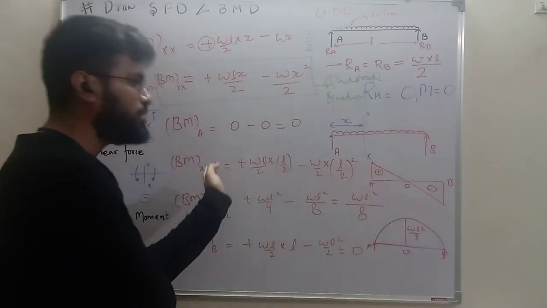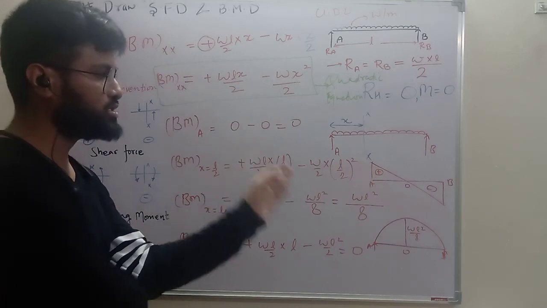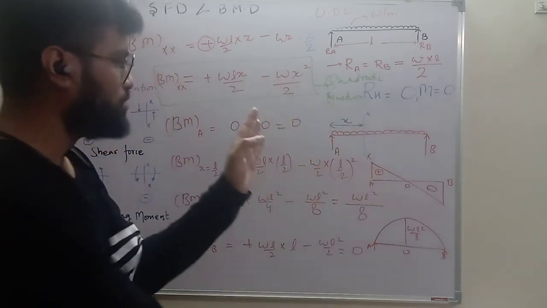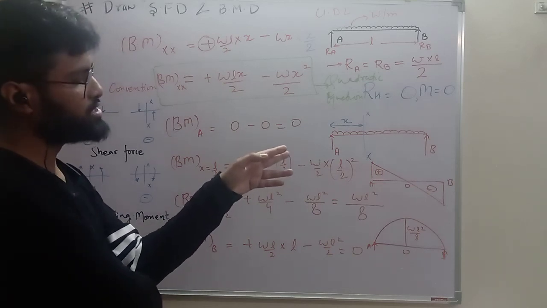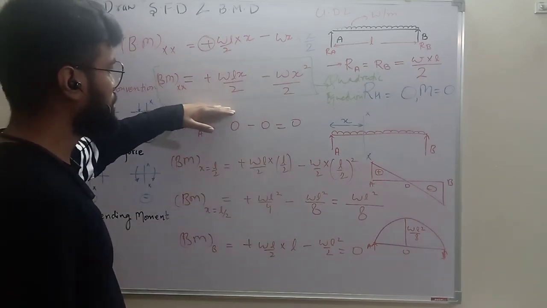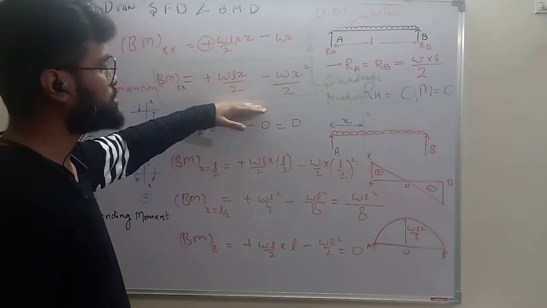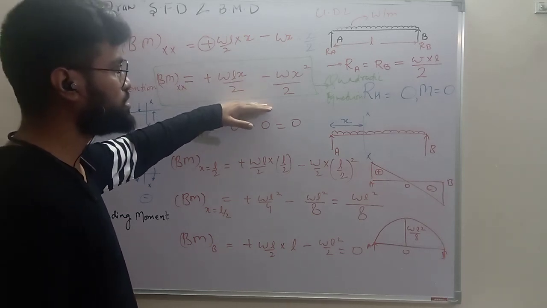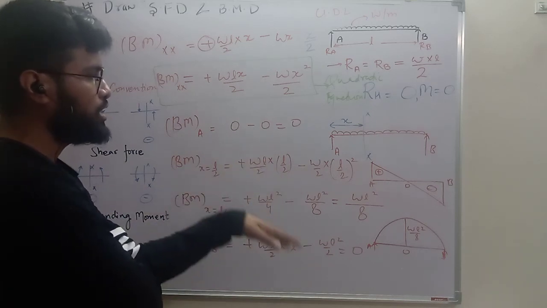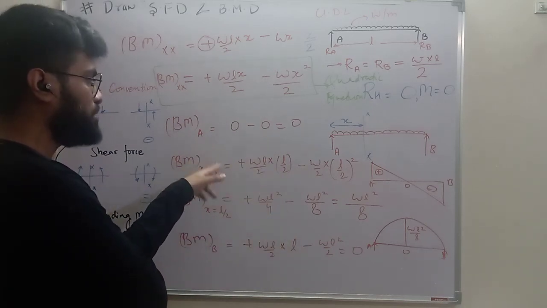Similarly for the bending moment diagram, first of all we have to take a section. This is our section which is at x from A. Considering that section, we write a bending moment equation. By analyzing that equation, we can see that it is a quadratic equation, which means the shape of the bending moment diagram will be parabolic. At different locations we have calculated the bending moment.